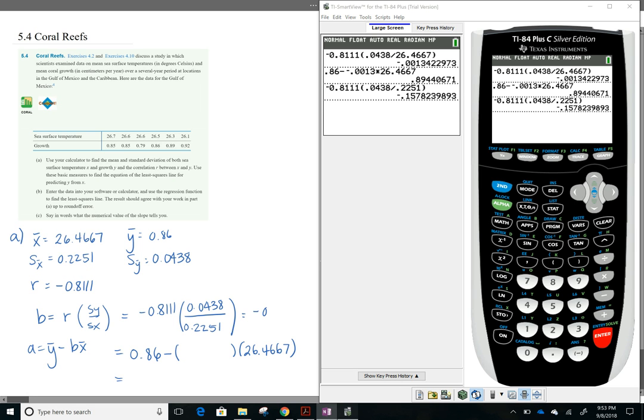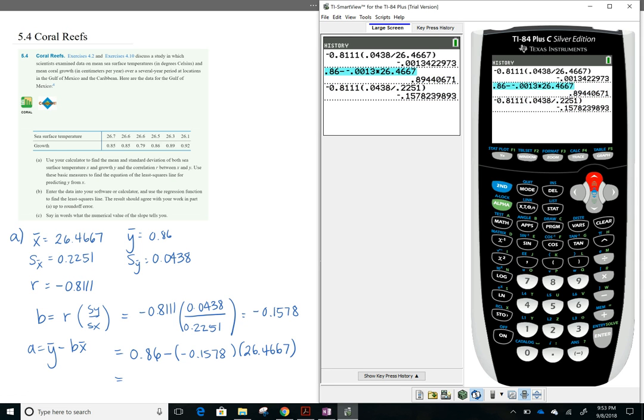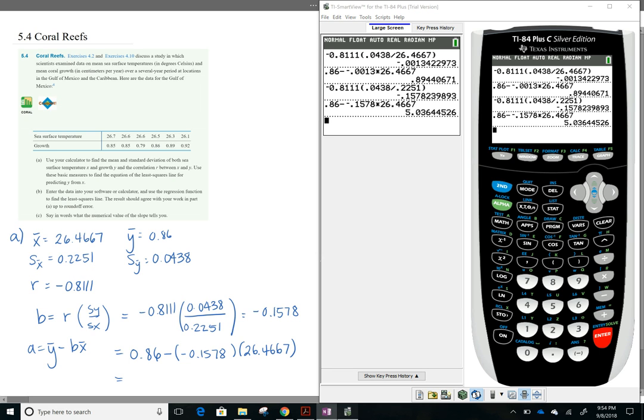Which is negative 0.1578. So then I'll go up to this right here, make that same adjustment. That's the nice thing about being able to go up and down with Texas Instruments calculators. We get 5.036.